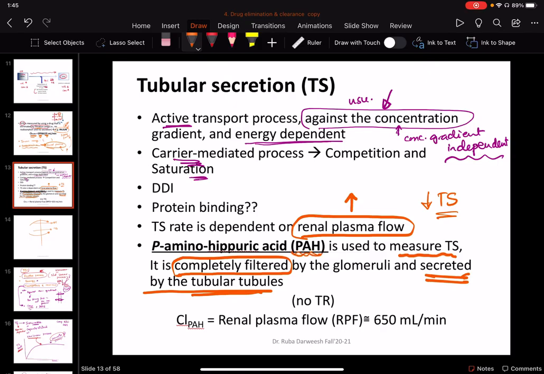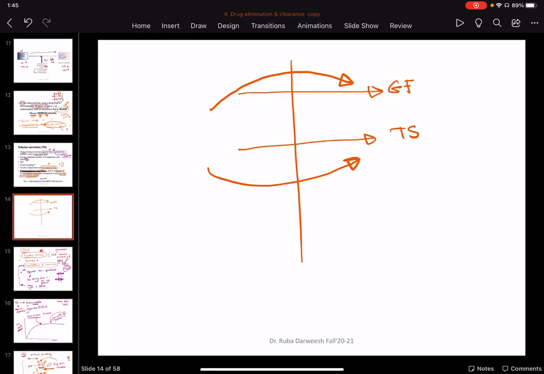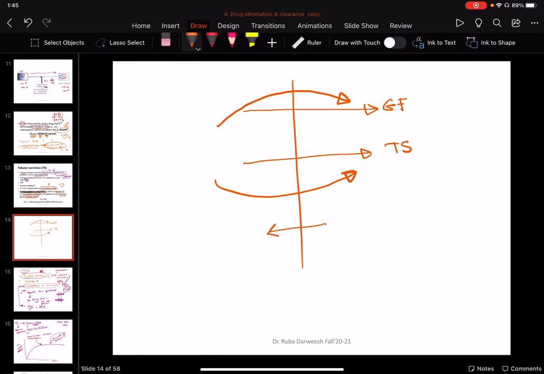And as it's completely filtered and completely secreted, we don't have any tubular reabsorption. So nothing will go back to the nephron.